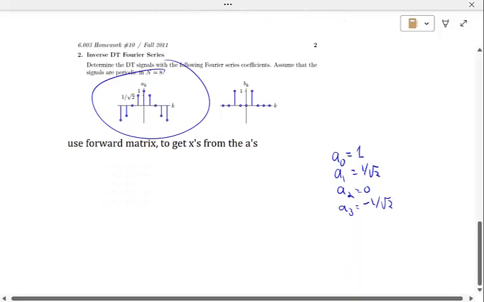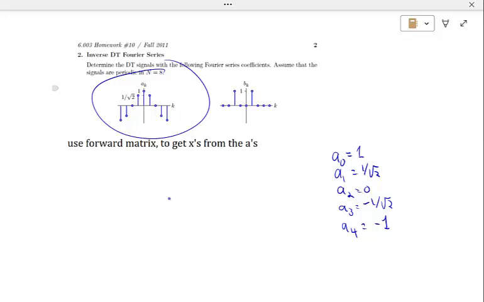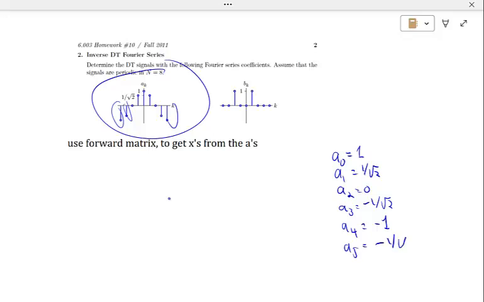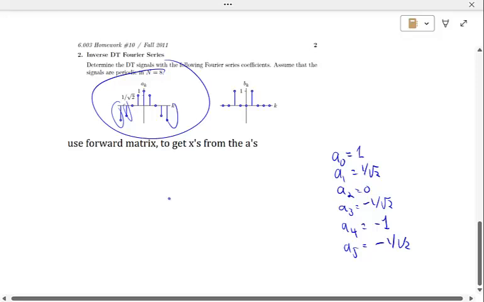Then A4 is minus 1. Now it's going to repeat. You see that this was the same as this. Okay? So A5 is going to be this one. So A5 is equal to minus 1 over square root of 2. Okay? Then A6 is going to be 0. And then A7 is equal to 1 over square root of 2.